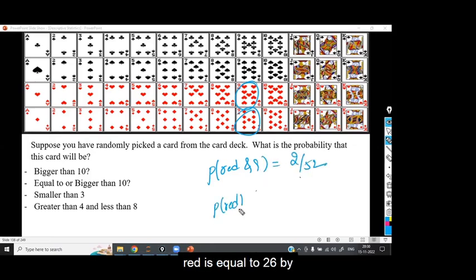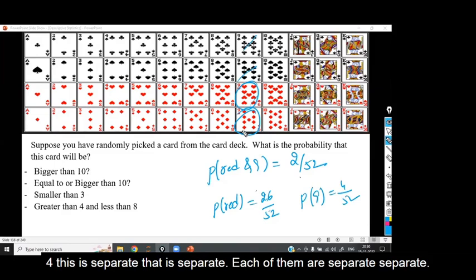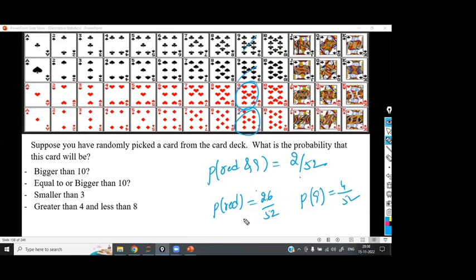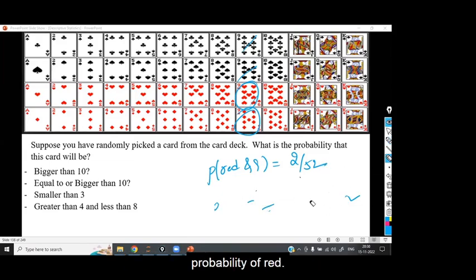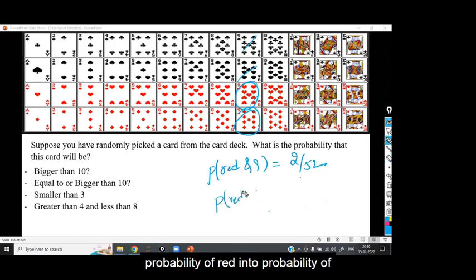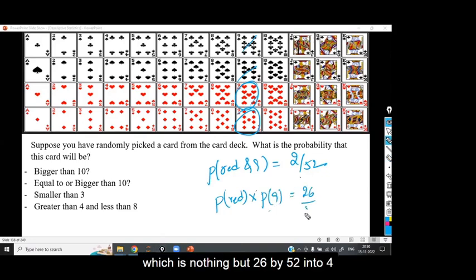Probability of red is 26 by 52. Probability of 9 is 4 by 52. Now take the probability of red and 9, which is 2 by 52, and multiply the probability of red into the probability of 9, which is 26 by 52 into 4 by 52.